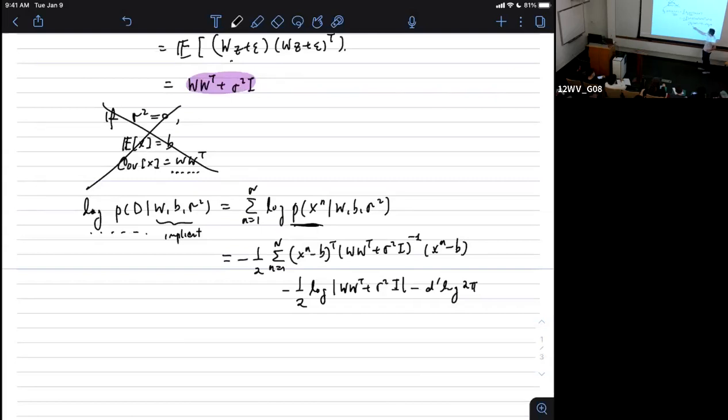And then the second part, these two terms, corresponds to the log partition function. So we need to ensure that the probability density integrates to one. An interesting thing here is that the log partition function is not a function of the bias or the mean, because regardless of where you are, the volume of the Gaussian distribution doesn't change.